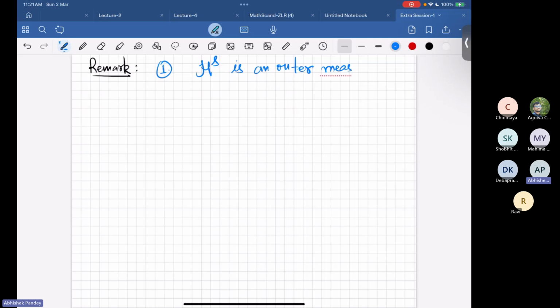On its measurable sets, which form a sigma algebra, when one restricts it to the measurable sets, it is a measure.